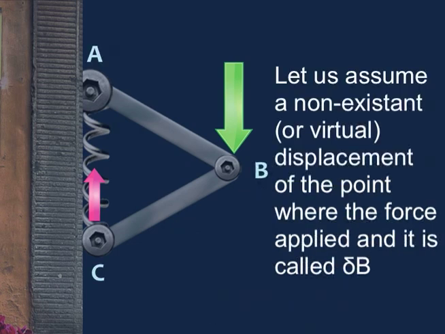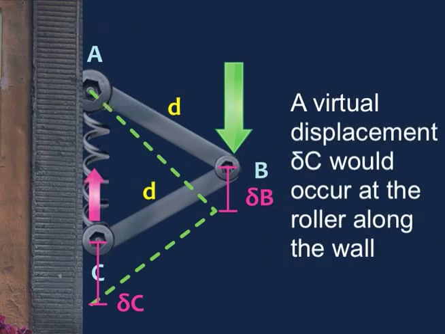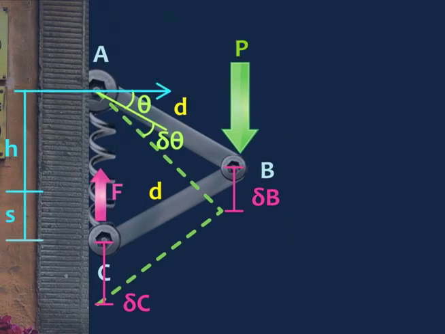Let us assume a non-existent or virtual displacement of the point where the external force is applied. This displacement will be called delta B. This delta B will result in another virtual displacement at the roller. Let us call this roller displacement delta C. We will take the fixed support, or point A, as the origin of our coordinate system.